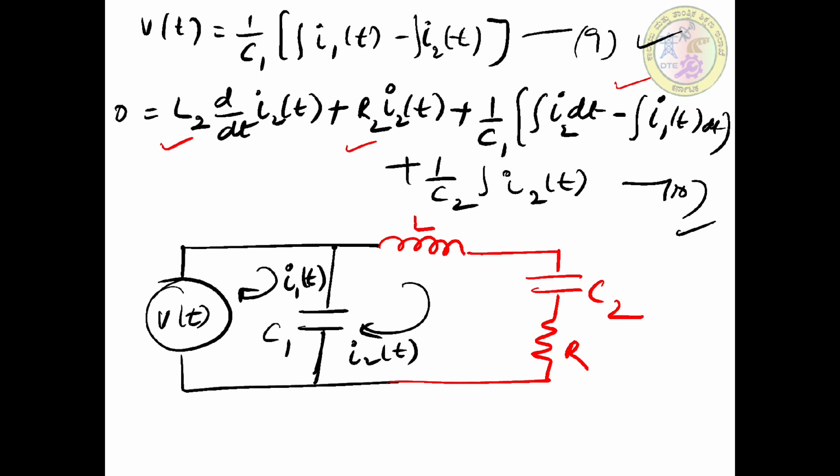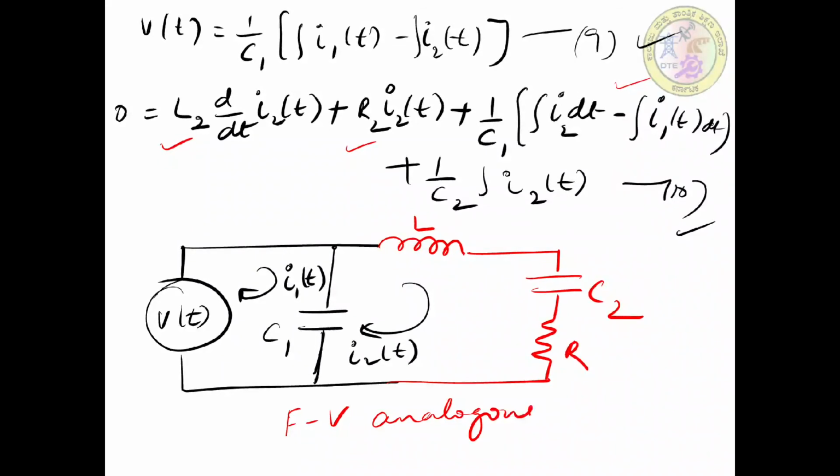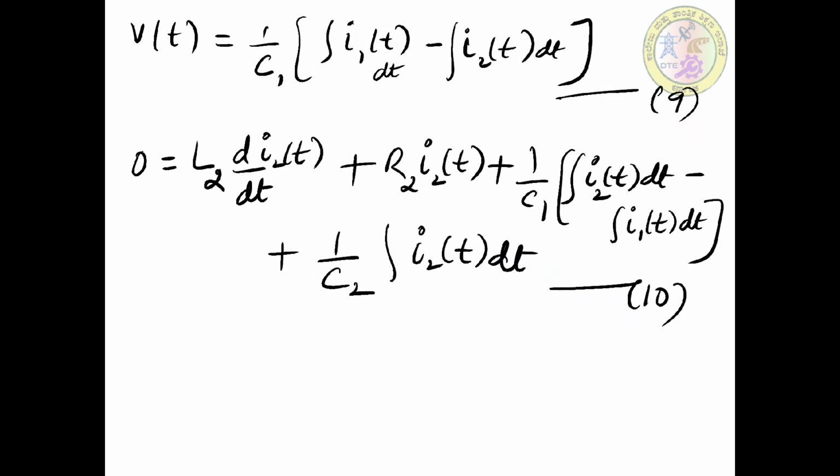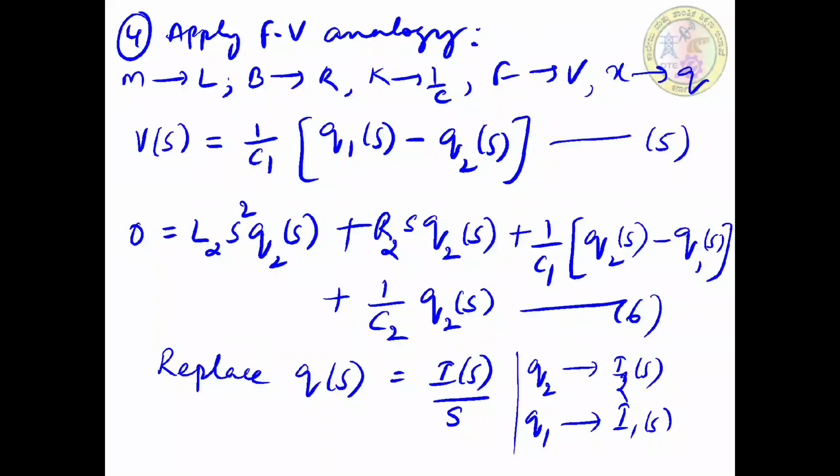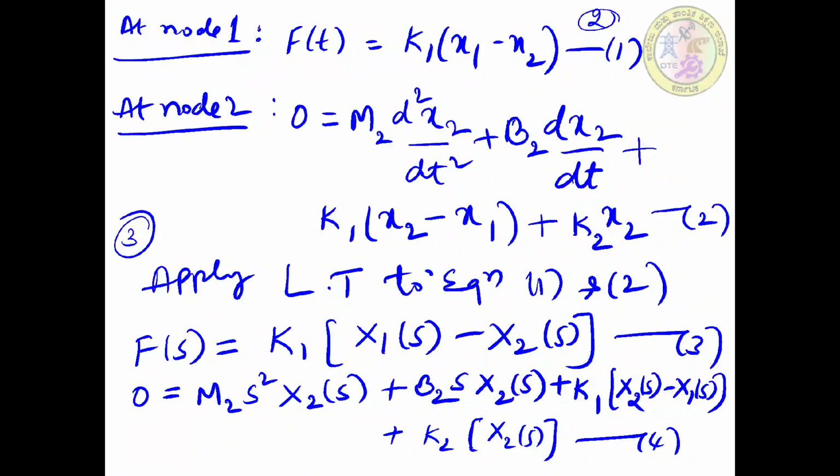So this is our FV analogous circuit for the given mechanical system. So what is the procedure? First we have to write the equivalent mechanical system, then we write the differential equations. For these differential equations we apply Laplace transform.